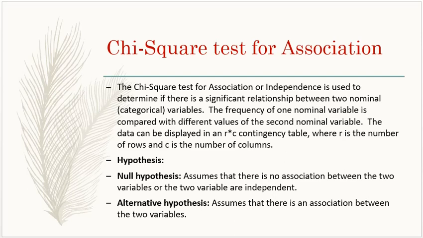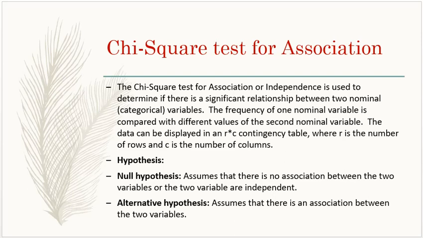For this we have to classify the data into a two-way classification, with one character varying from 1 to R, and the other character varying from 1 to C. So then you have R rows and C columns in the table.